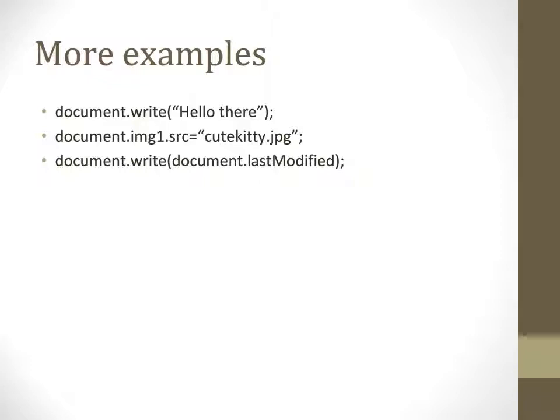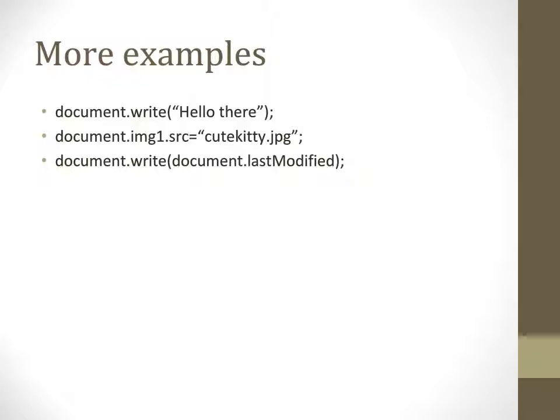Now the last one's a little bit harder to explain, so let me start on the inside and work my way out. Document.lastModified is a property, and I'm going to show you the properties of the document in the next slide. But it is a property that, every time you save your HTML document, kind of timestamps when it was saved. So you get a date and time when the page was last saved, and it's stored in a property of the document.